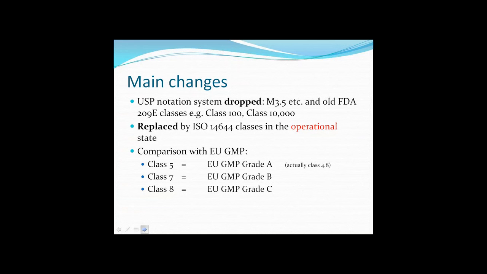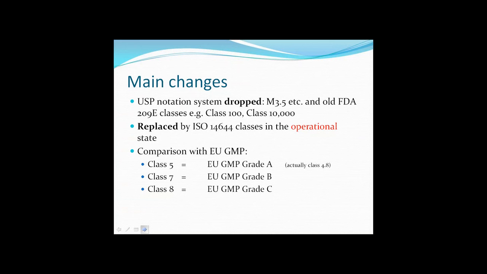So very much like the FDA 2004 guideline, the USP chapter now only refers to cleanrooms by their ISO 14644 class. So here you'll see in the chapter it refers to ISO class 5, ISO class 7 and ISO class 8.